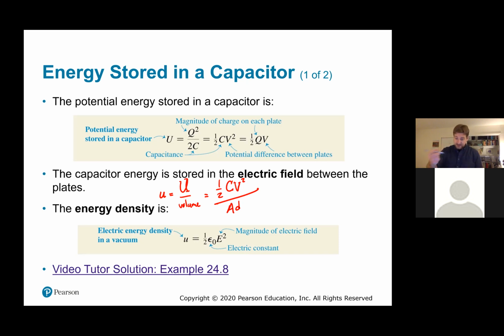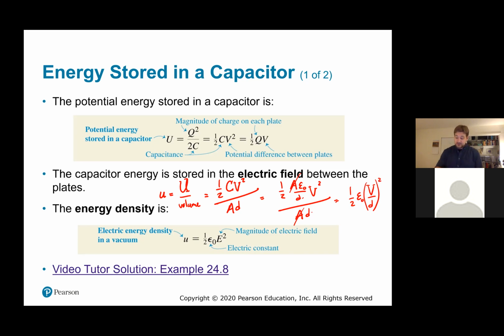But the capacitance itself is related to the area of the plates and the separation. Okay, so the area cancels, but the d becomes d squared. Epsilon V over d squared.